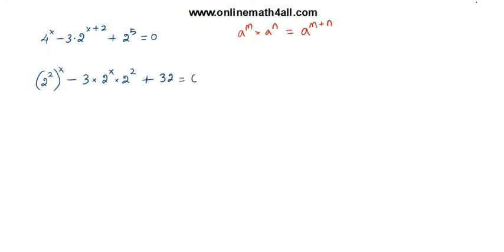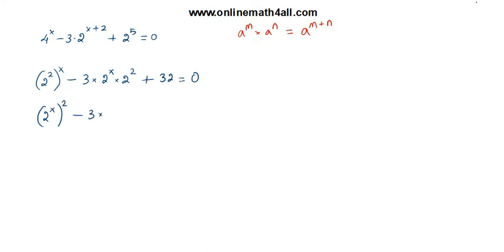is equal to 0. Okay, here in the first term we have base 2 and we have two powers, 2 and x. So whenever we have two powers for the same base, we can interchange these two powers. So in the next step we can write x as the first power and 2 as the second power.